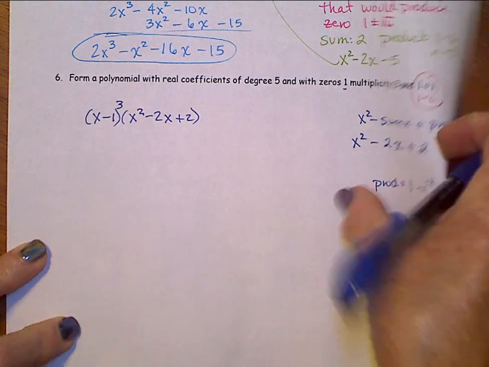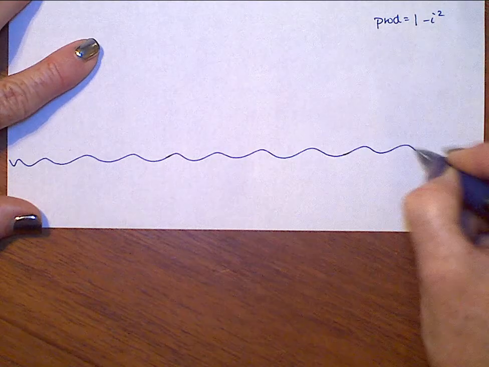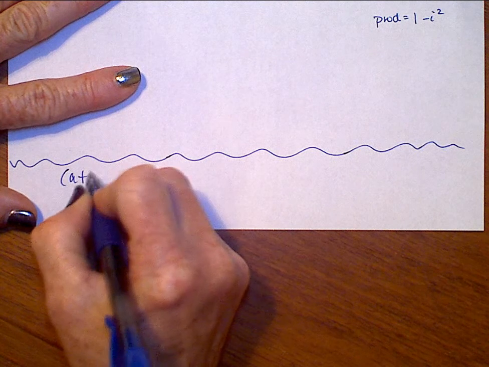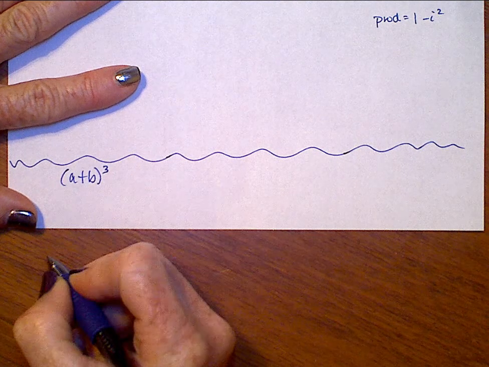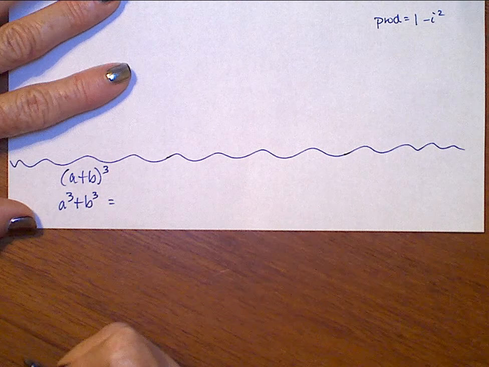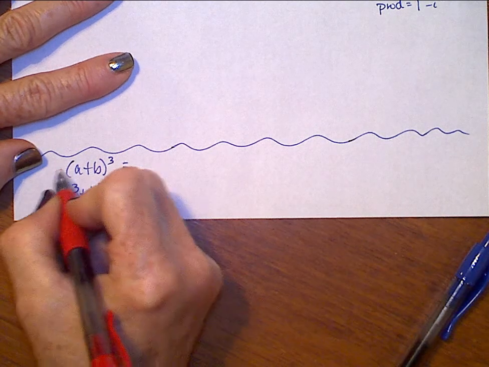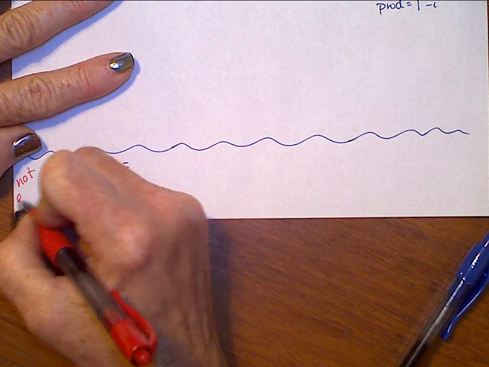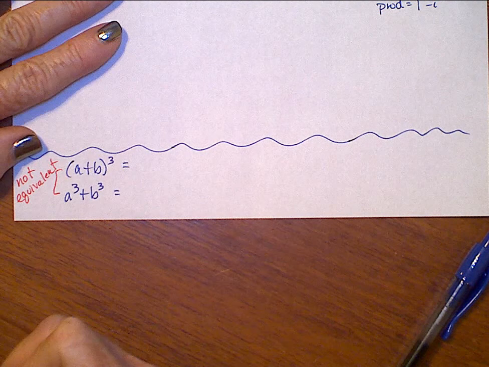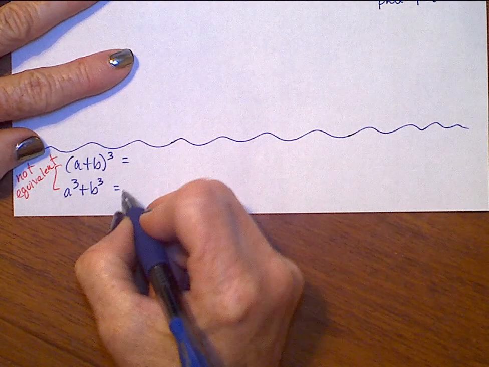All right, I do want to come down here to the bottom and just refresh your memory on something. There is a difference between (a plus b) cubed versus a cubed plus b cubed. Those are not equivalent. The a cubed plus b cubed, that's typically our factoring, our SOAP factoring.